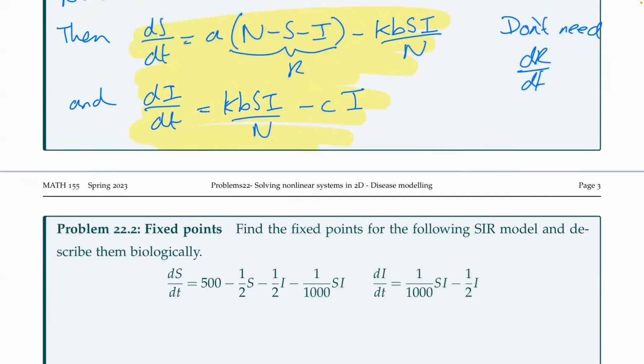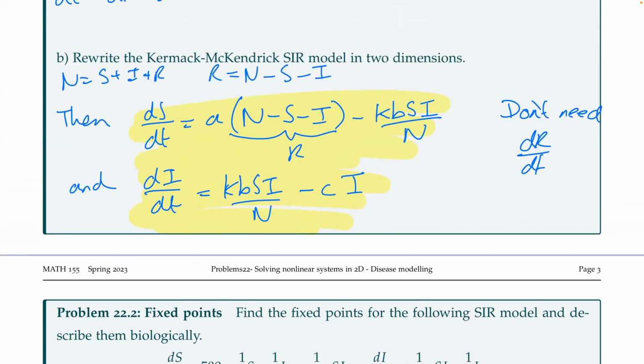Any questions so far? Yes. Sorry, a little bit louder. As in, why did I choose R to remove? It's arbitrary. I could have chosen any of them. We tend to, if possible, take out the R because it's the slightly less interesting one. We care who's currently susceptible and who's currently infected. We care a little bit less about who's removed from the population.